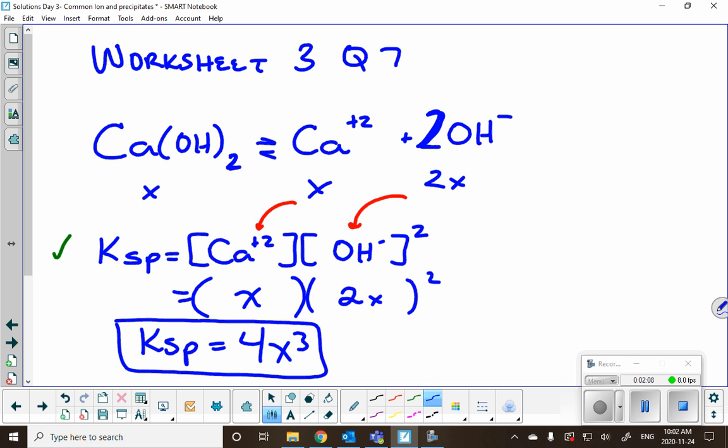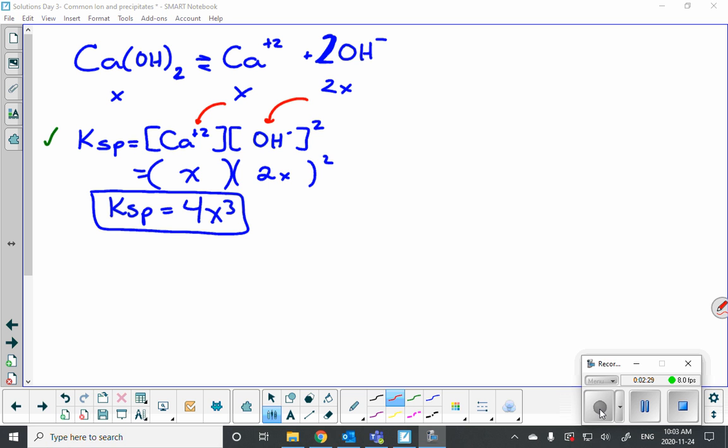And in every problem, I'm either giving you, here's the Ksp, find x, or here is x, find the Ksp. There's no other kinds of problems I can give you. And this question right at the end, question 7, says, what is the Ksp? So they must have given me x. And they didn't give it to me directly in this case.